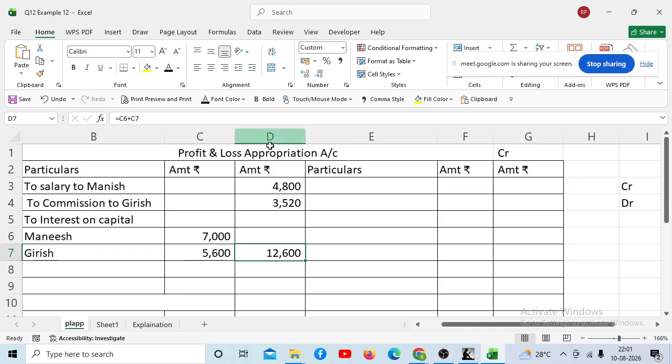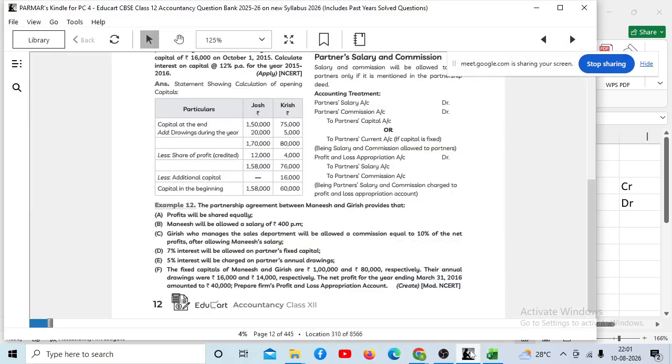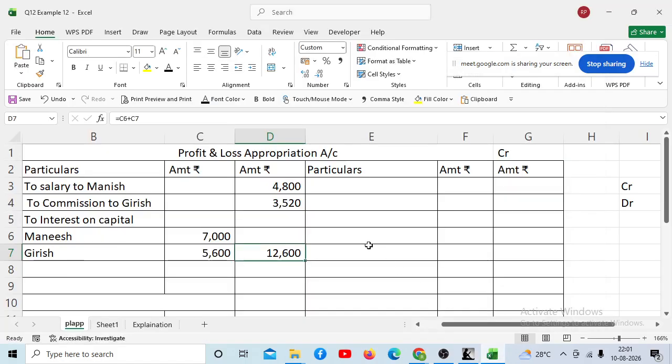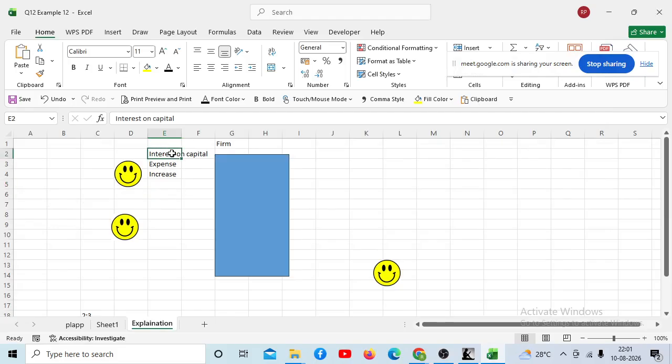Now 5% interest will be charged on partners' annual drawings. So first of all, we will decide interest on drawing. I am writing the heading as interest on drawing.